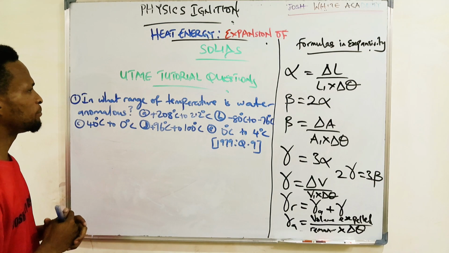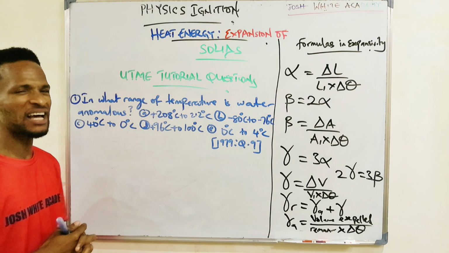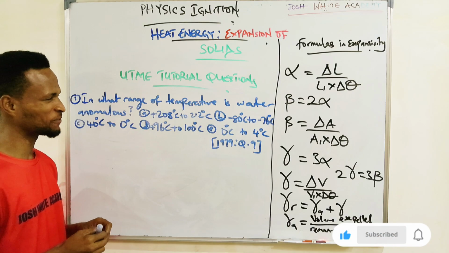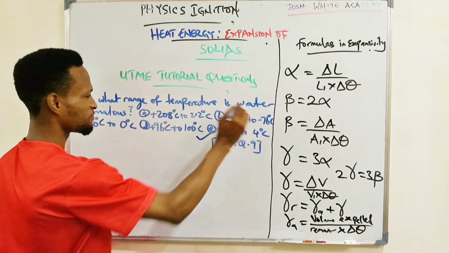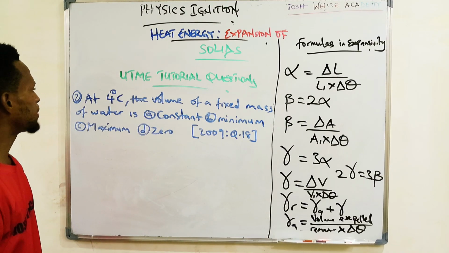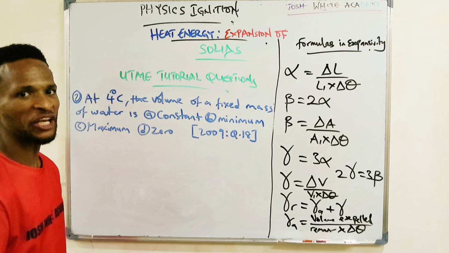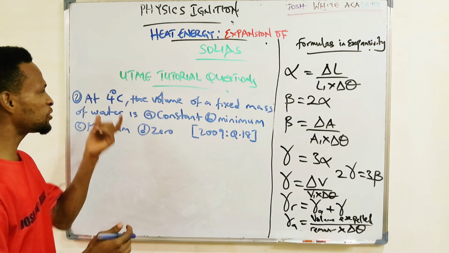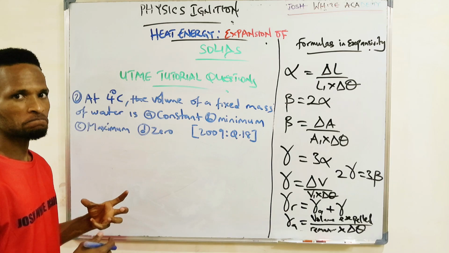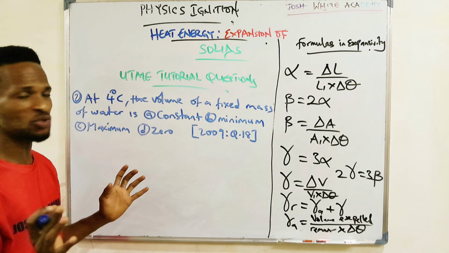In what range of temperature is water anomalous? We already know this. Water behaves anomalously between the range of 0 degrees Celsius to 4 degrees Celsius. That means our answer is E. So the next question. At 4 degrees Celsius, the volume of a fixed mass of water is, now this is also related to the anomalous behavior of water. Remember we said at temperature lower than this, let's say for instance -10, and we begin to heat water, it expands, which is normal to most liquids and solids.